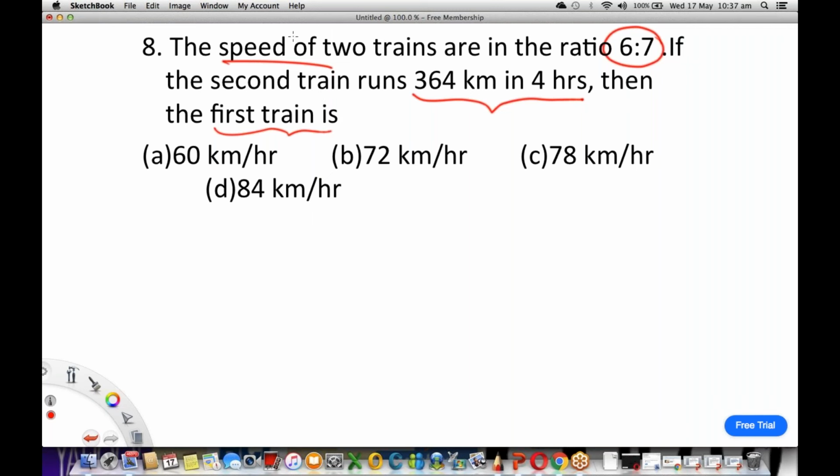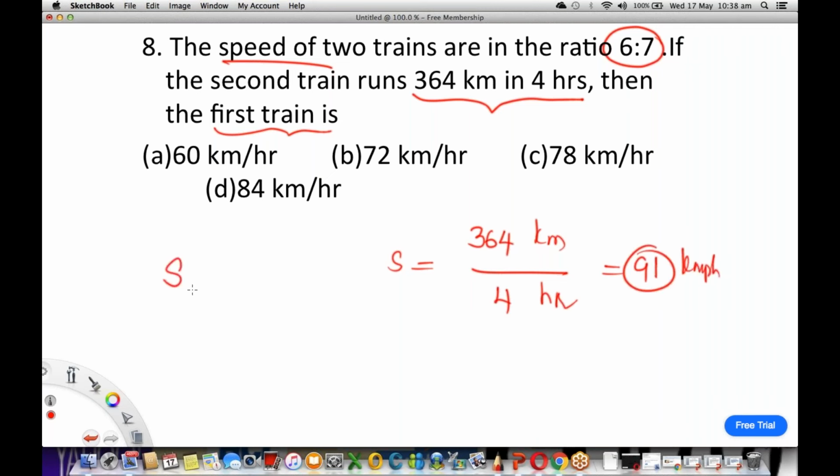So I very well know that if the second train is running 364 kilometers in 4 hours, the speed of the second train is given by distance traveled divided by time, that is 364 divided by 4 hours. This is nothing but 91 kilometers per hour. So I have the speeds of the first train and second train in the ratio of 6:7. So the speed of the second train is 7 parts, the speed of the first train is 6 parts.